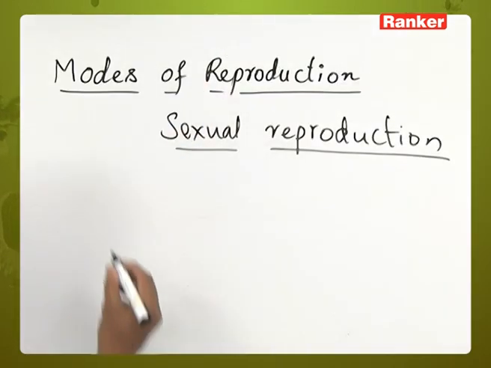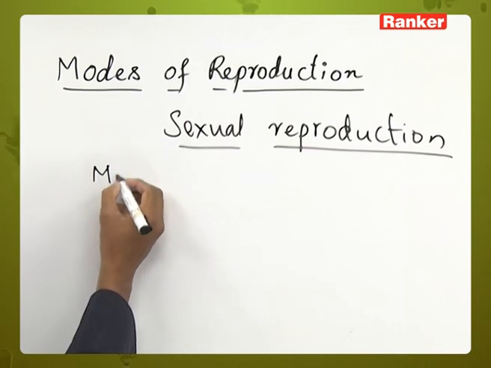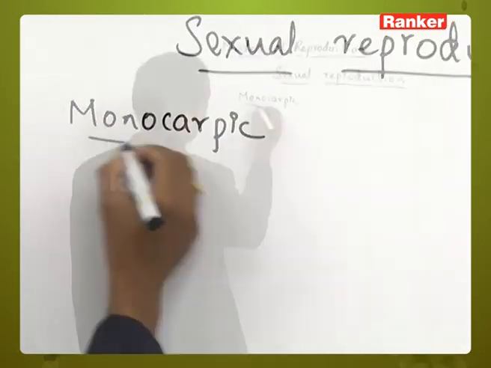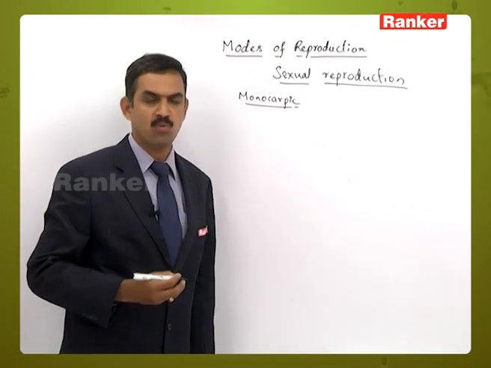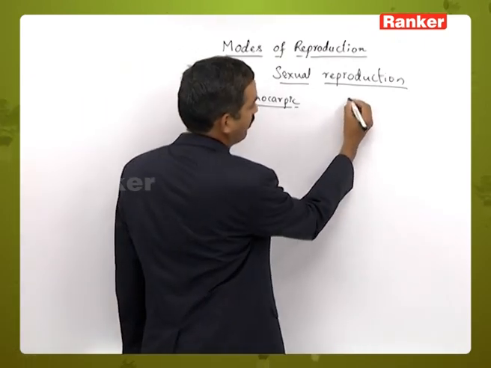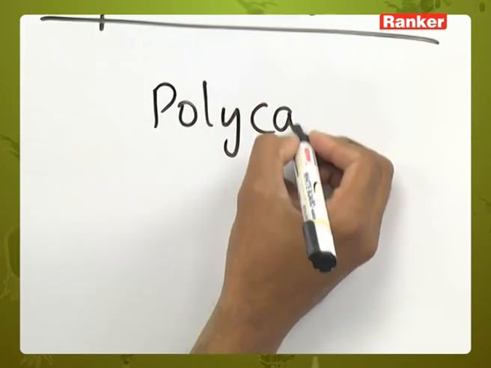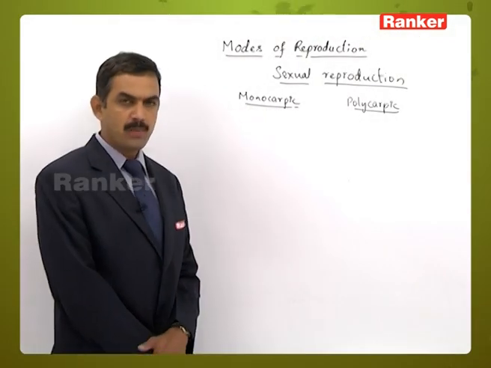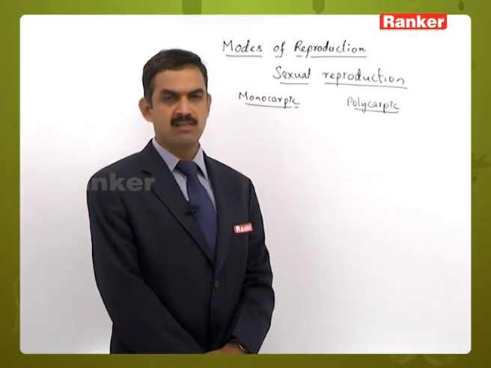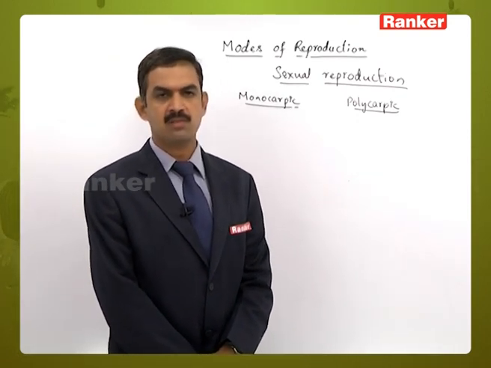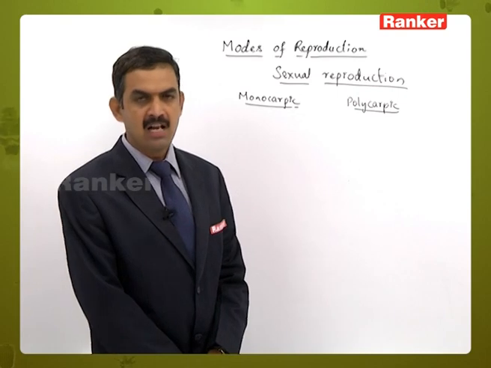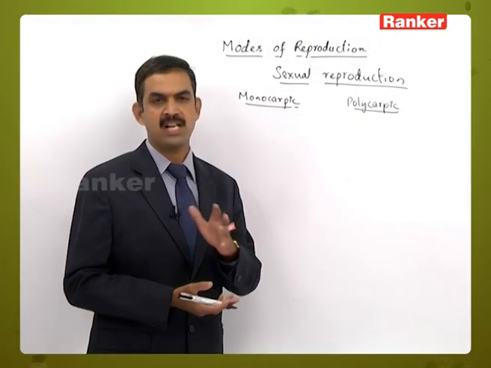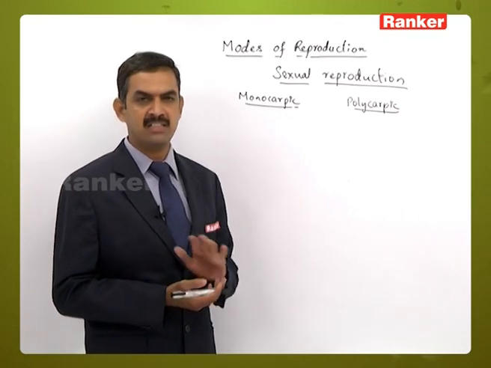Apart from that, based on the condition, there are two types of characters: one is monocarpic and the other is polycarpic. Monocarpic plants are those which produce flowers only once in their life cycle, and after formation of the flowers they produce the fruits, complete their life cycle and die.